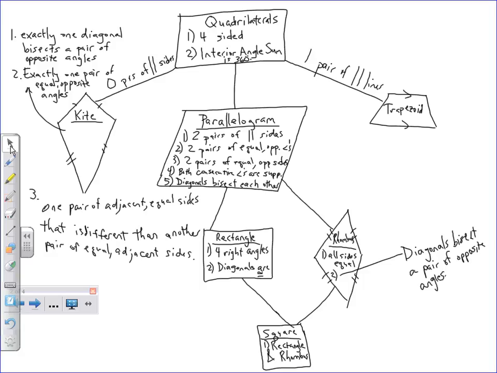Now you could use this and do our always, sometimes, never. We could say a quadrilateral is a kite. Is that always true, sometimes true, or never true? That would be sometimes true, because a kite is a quadrilateral, but it doesn't have to be a kite.